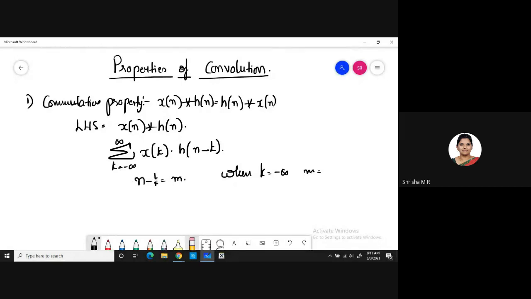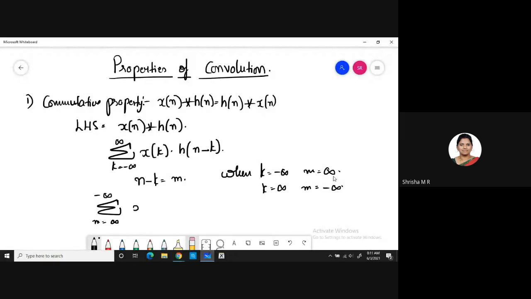Plus infinity, right? So it will be plus infinity. When k is equal to infinity, what is m? Minus infinity. So our limit of summation would be m is equal to infinity to minus infinity.